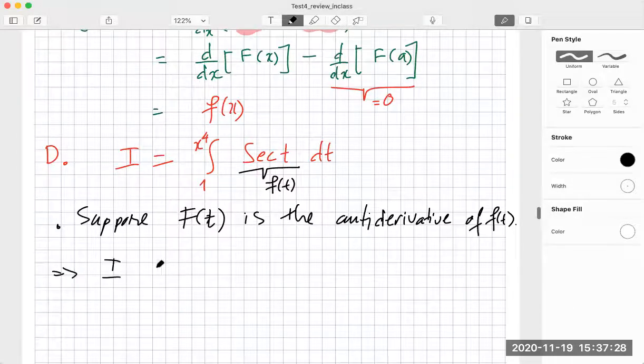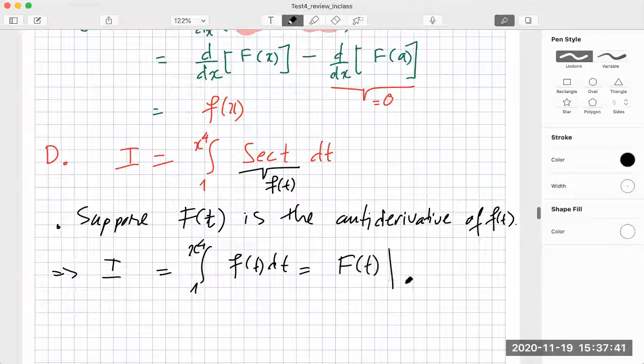Then we have that I, the integral from 1 to x to the 4th of f(t) dt, will be capital F of t, and t will be from 1 to, what is it? Yes, x to the 4th.